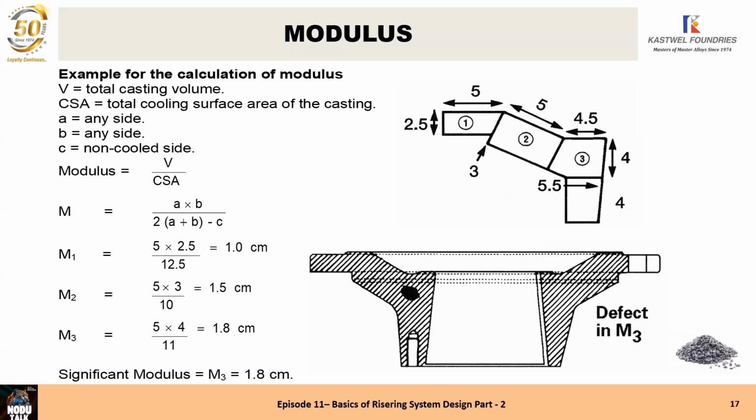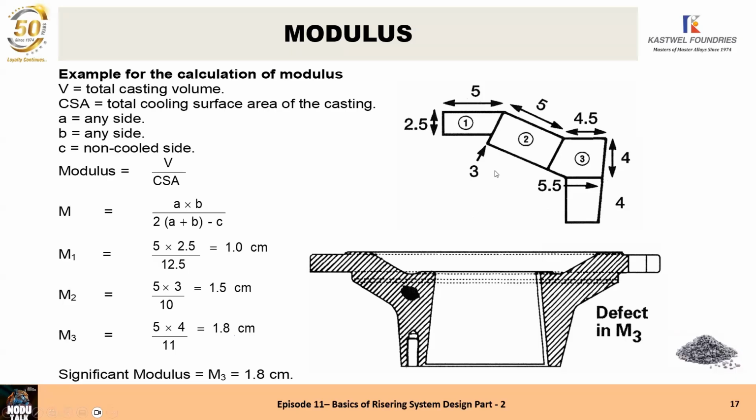So here we have done the calculations of sections 1, 2, and 3 into which this casting at the bottom has been divided. The casting at the bottom has been divided into simple sections, and using this formula, A and B are the sides of the risers, and C is a non-cooling surface or non-cooling side of the casting.